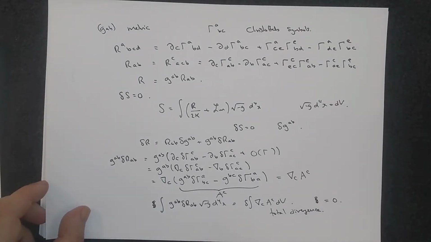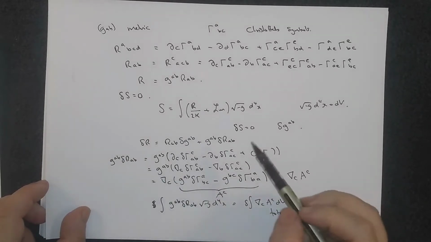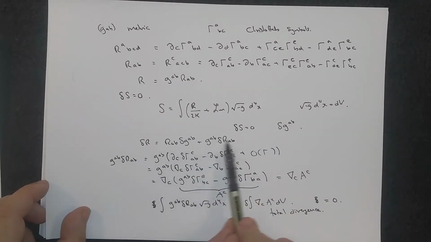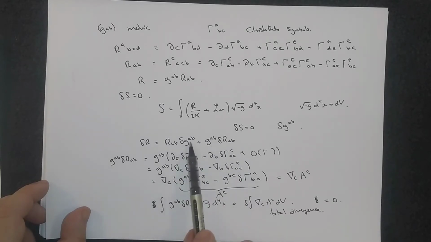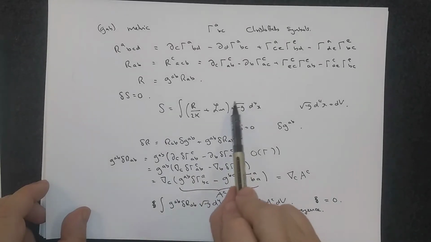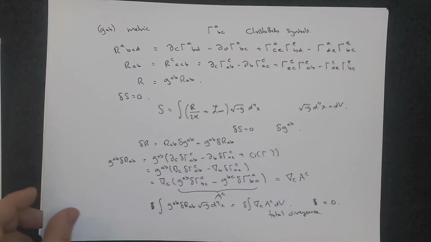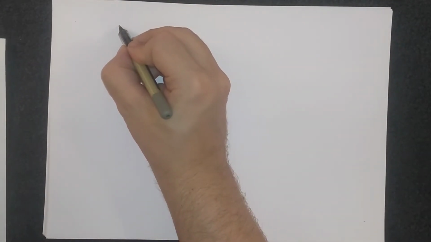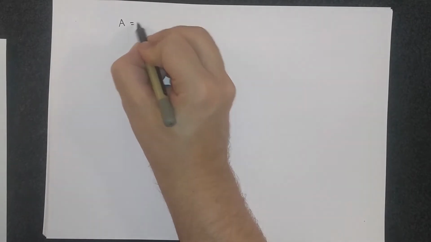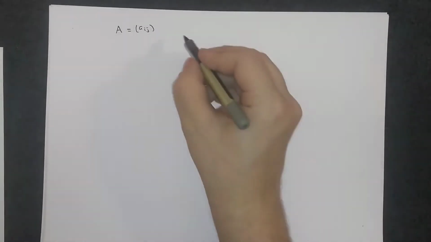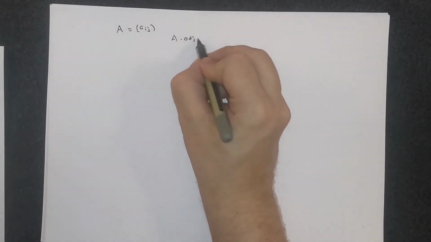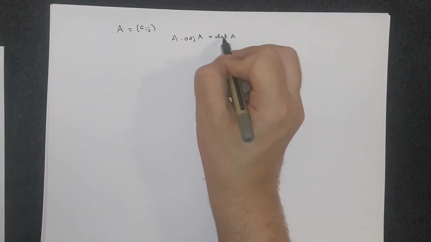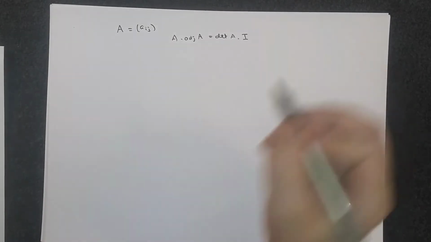So the next thing I need to do is drop that term in the equations and be left with just this one. I now want to work out what happens when I vary the root minus g. Let A be a matrix with components A_ij. Then A times the adjoint of A is the determinant of A times the unit matrix.